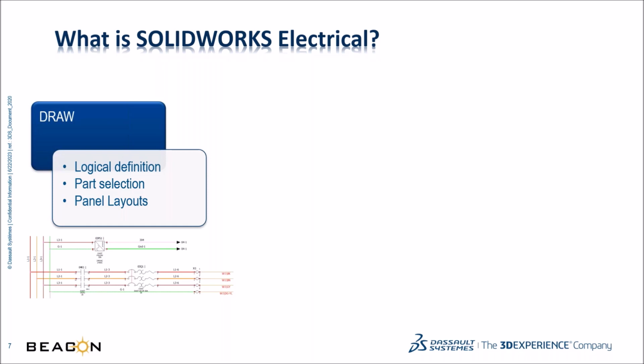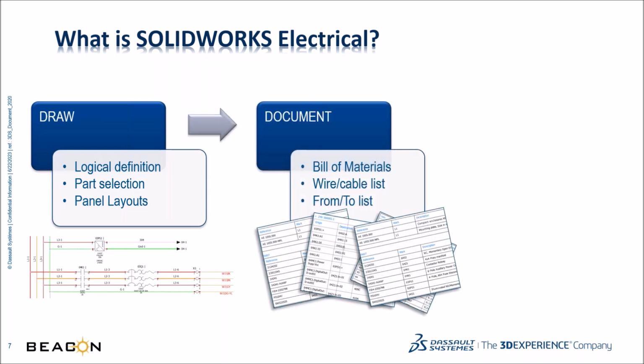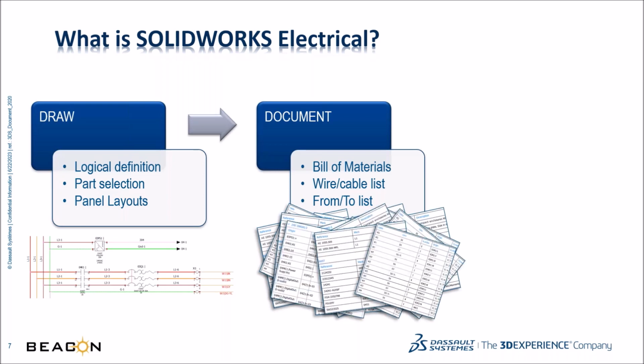If you consider a non-parametric tool rather than Electrical, we generate documents like a bill of material in some other tool, such as Excel. We generate a wire cable list. We also generate a from-to list where we mention all the connections we are using in the drawing stage.